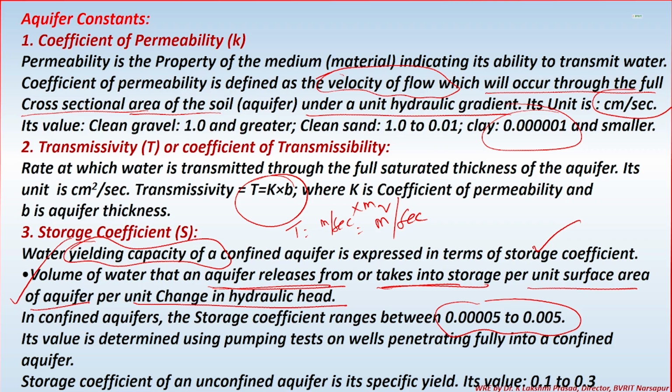How to determine the storage coefficient values? By pumping test we will determine the storage coefficient value. The storage coefficient for an unconfined aquifer is nothing but the specific yield. The specific yield value may be between 0.1 to 0.3.